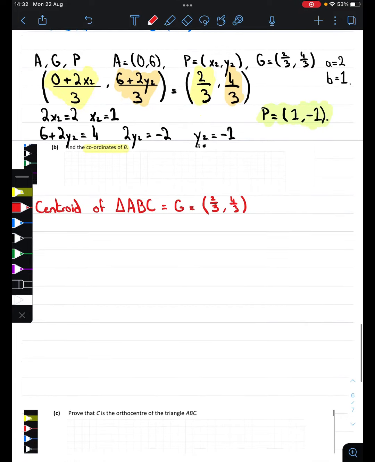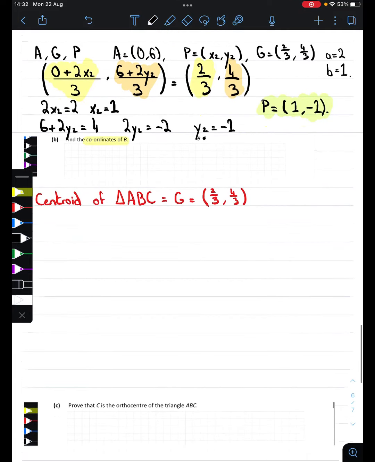And we have a formula for the centroid of a triangle. It is x1 plus x2 plus x3, the 3 x coordinates over 3, the average of the 3 x coordinates, and then the average of the 3 y coordinates.